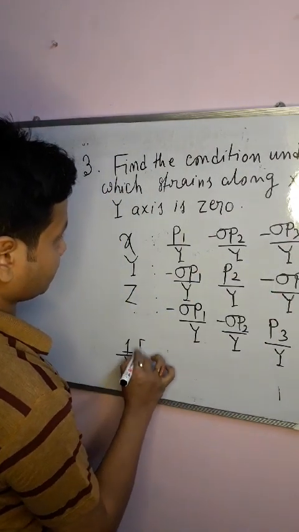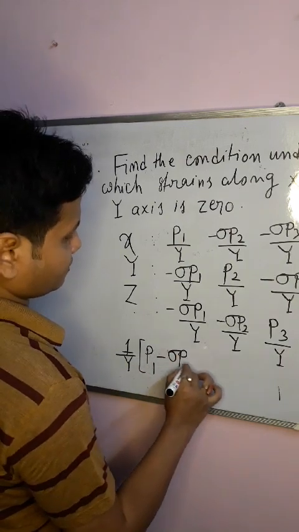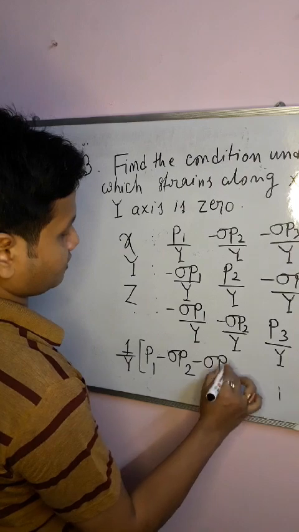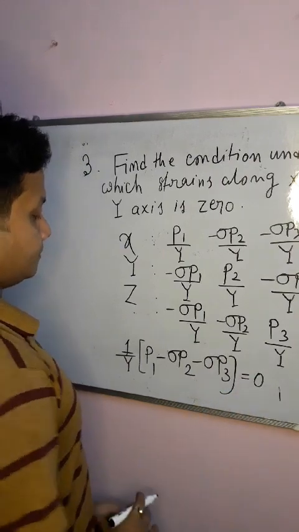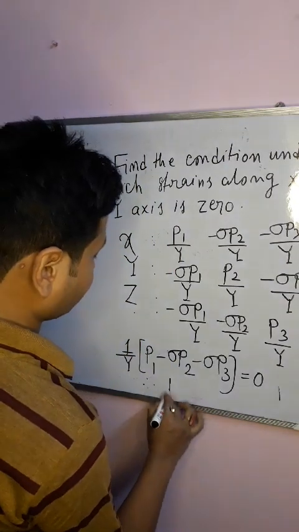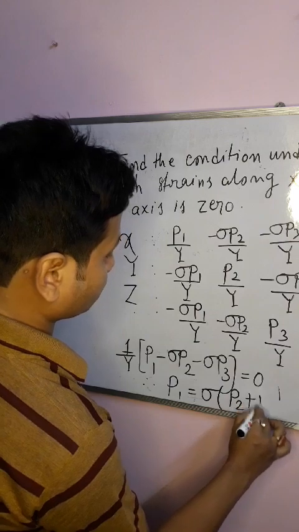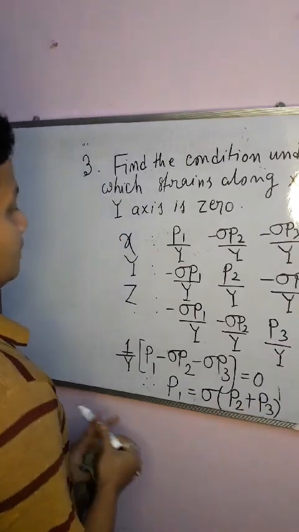First we make the strain along the x axis equal to 0. P1 minus sigma P2 minus sigma P3 equals 0, from which we get P1 equals sigma into (P2 plus P3).